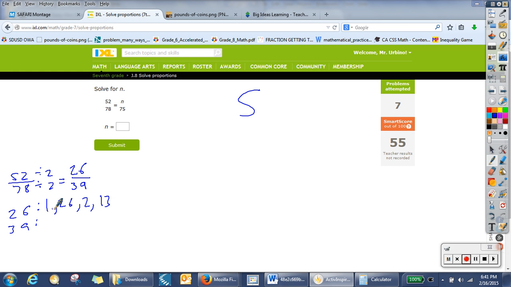Okay. I think that's as far as I can go. Now I need 39. So 1 times 39 will give me 39. And I can't do it by 2. Remember our trick with 3. If I can add these two digits up, 3 plus 9, that will give me 12. And I know that 12 is divisible by 3, so I know I can divide 39 by 3.